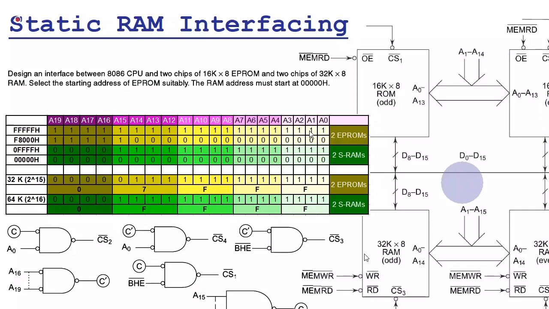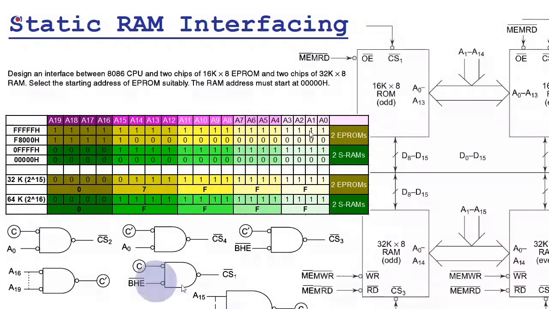We supply the complementary input, because there is a bubble here. So when A0 is 0 and the input at this signal is 1, after the bubble it will be made 0.